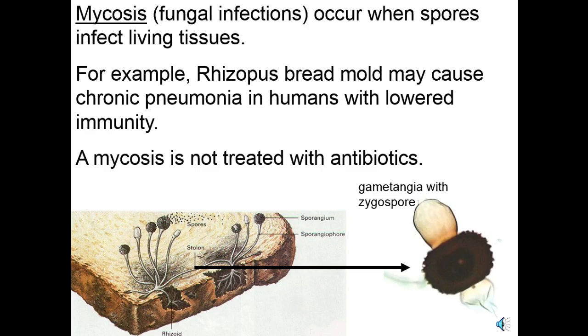In anyone who's got a lowered immunity, or sometimes children, the elderly, if they inhale these spores, then the spores will start to develop in the lung tissue. And antibiotics don't work because, of course, they're not bacteria. So we have to collect a sputum sample and have that sent to the lab, and then look for the spores there.